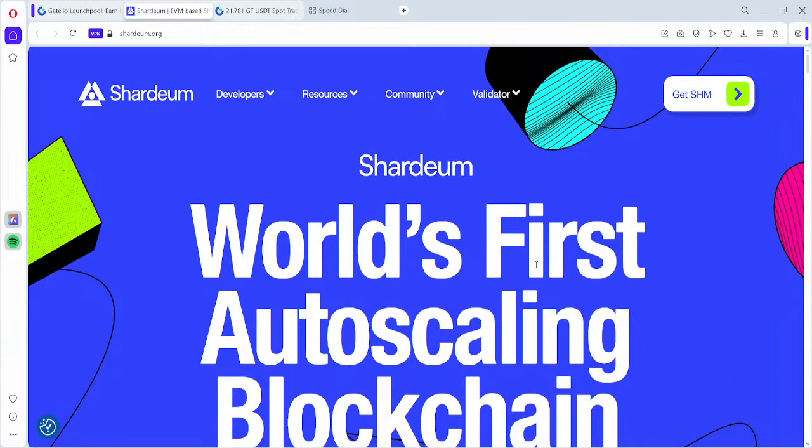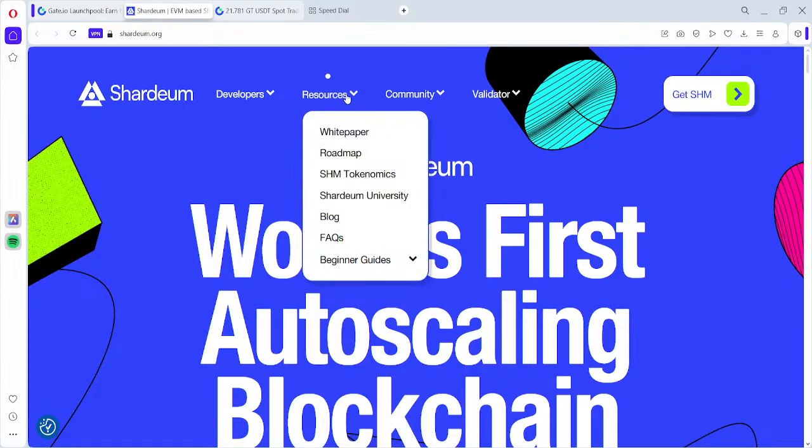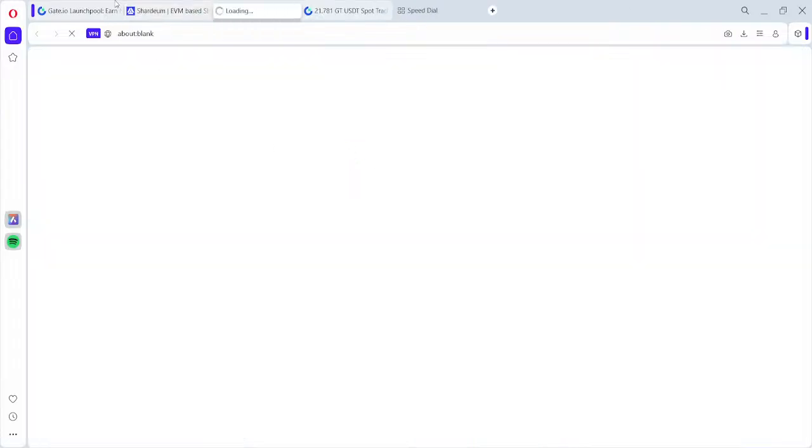So we'll discuss the project one by one. First, we need to check out their roadmap, which is so important. Whatever the project might be, we have to look into the roadmap. So let me check out the roadmap.